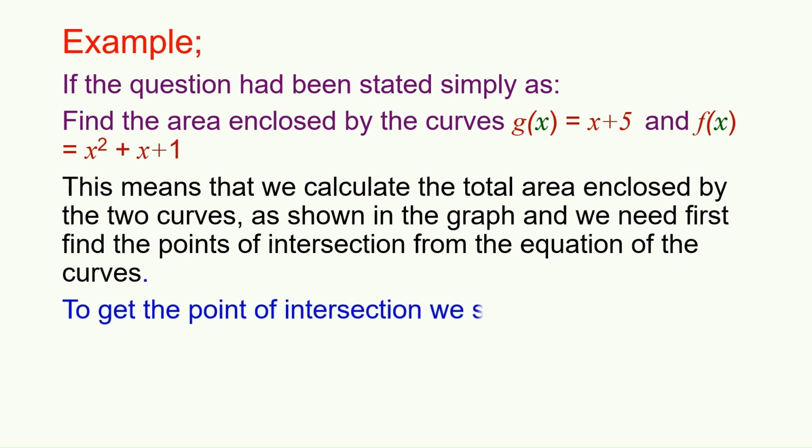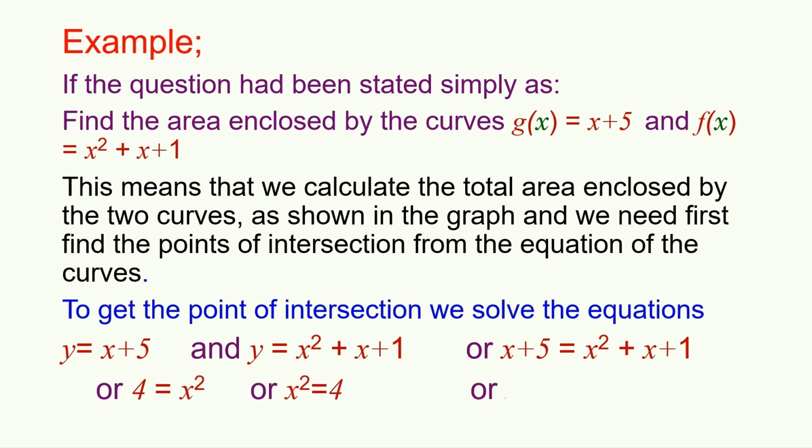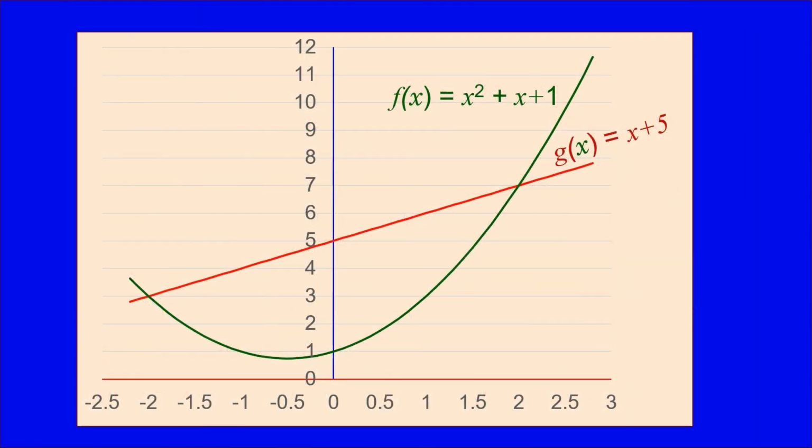To get the points of intersection, we solve the equations y equals x plus 5 and y equals x squared plus x plus 1, or x plus 5 equals x squared plus x plus 1, or 4 equals x squared, or x squared equals 4, or x equals plus or minus 2. Now watch it here.